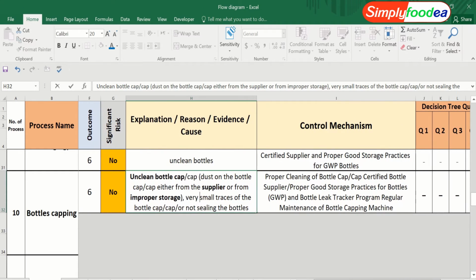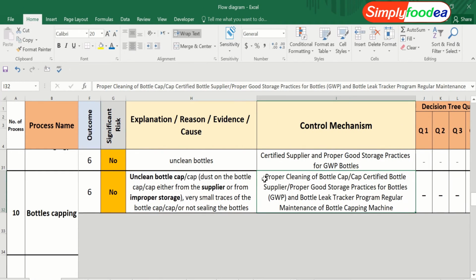On the other side, the control mechanism is proper cleaning of the bottle caps if we are cleaning them in our facility, the certificate of analysis from the supplier, proper good storage practices of these bottles, and GWP, good warehouse practices.